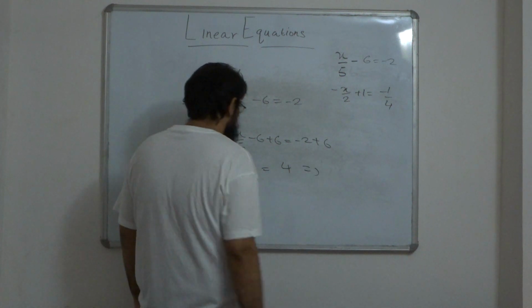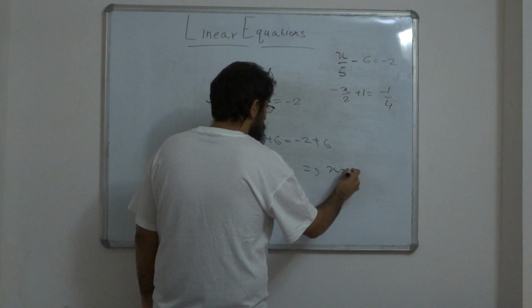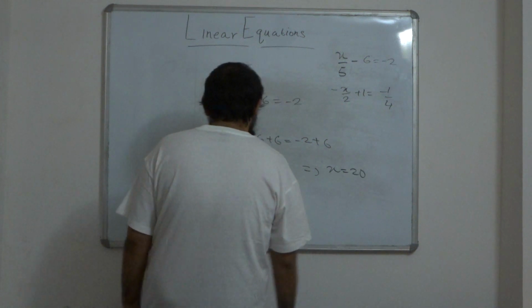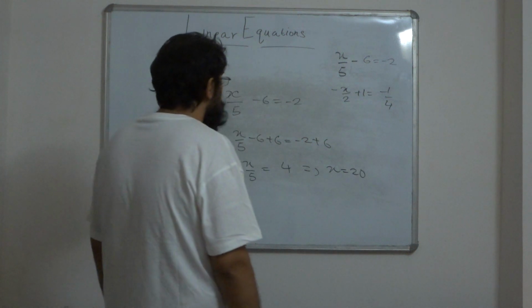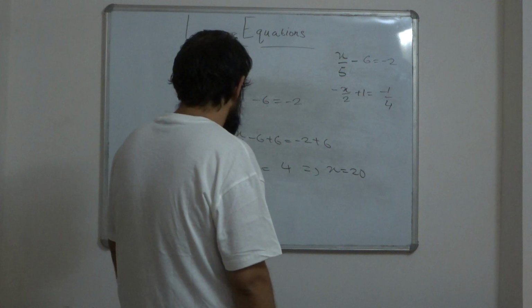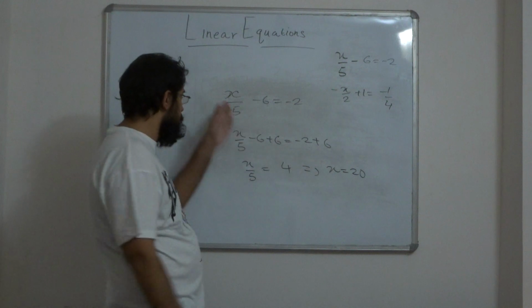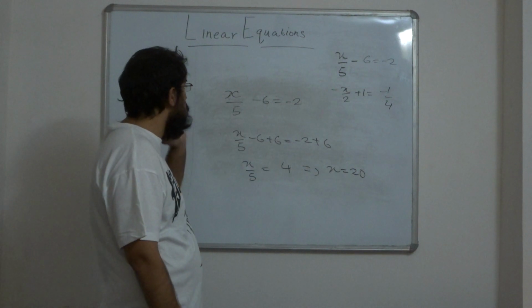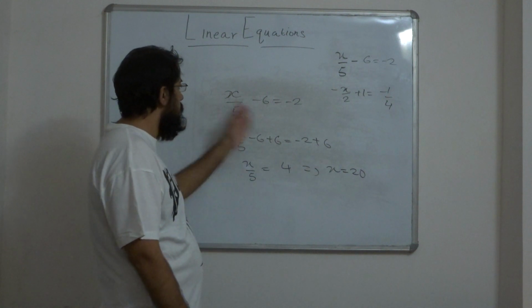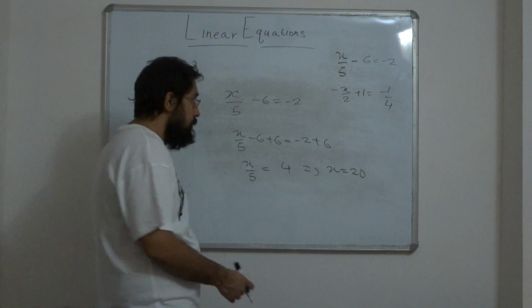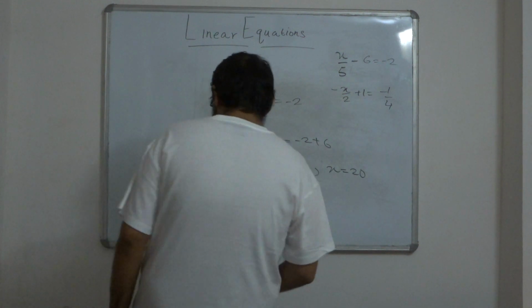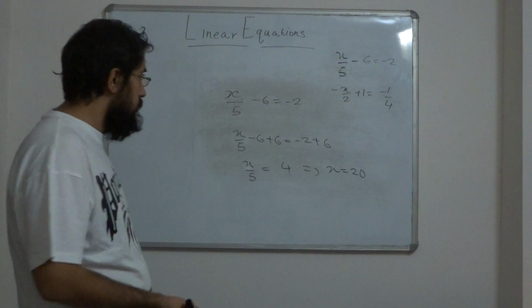Then again guys, you just cross multiply. So x is equal to 20. Now you can just verify. 20 divided by 5 is 4. 4 minus 6 is negative 2. So now you can take this down and then we'll solve that one.